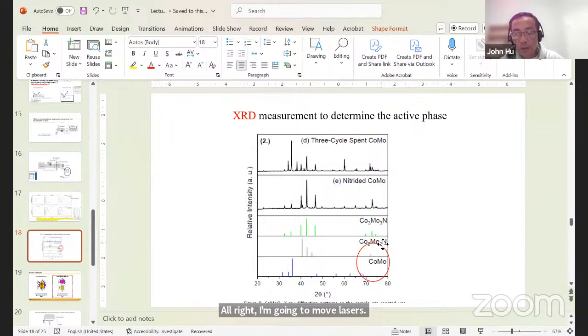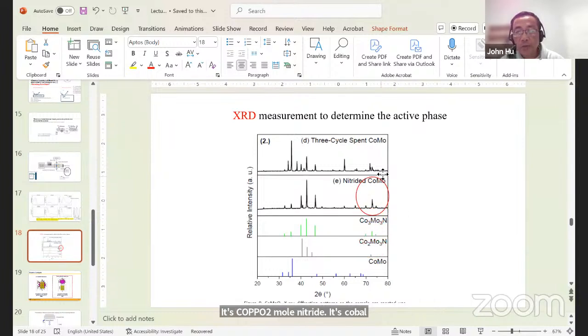Cobalt moly, look at this circle region, and then the second standard, the third standard. Look at this region. This is Co3Mo3N, this is Co2Mo3N, and this is cobalt moly with no nitride.